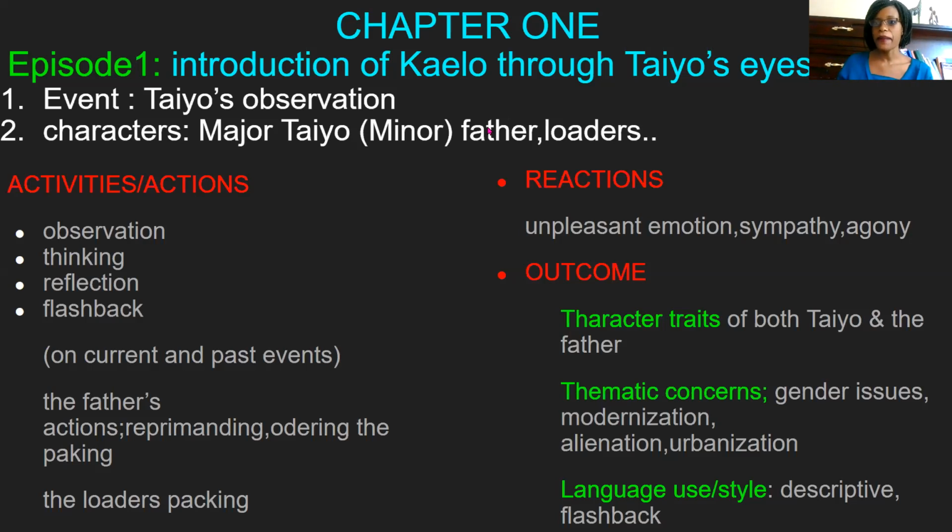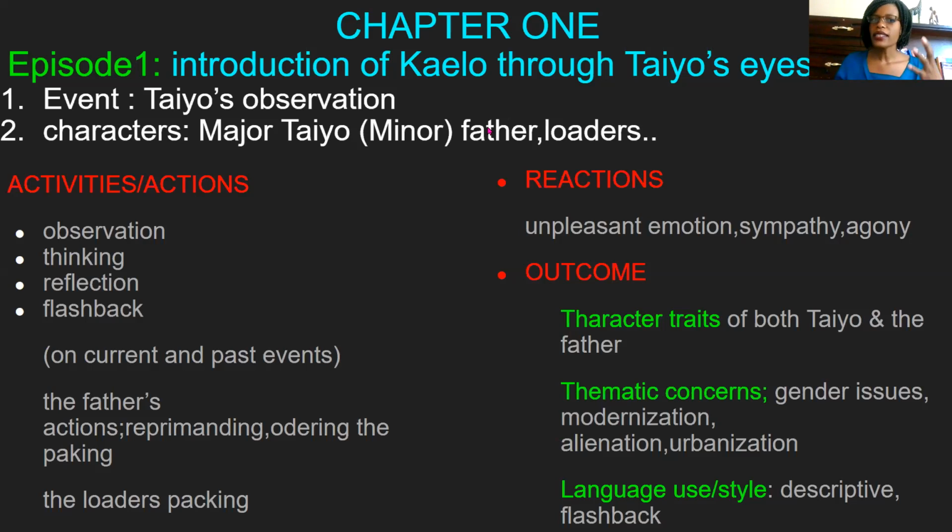But I'm picking the introduction of Kaelo because it's Taiyo who is talking about the father. So the first event there is Taiyo's observation. What is her observation about what is taking place in her surroundings?